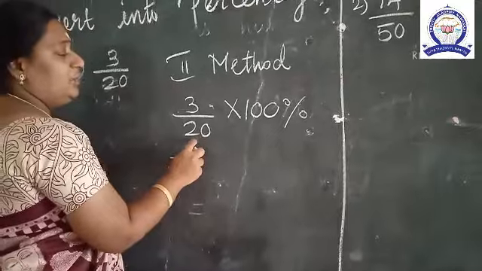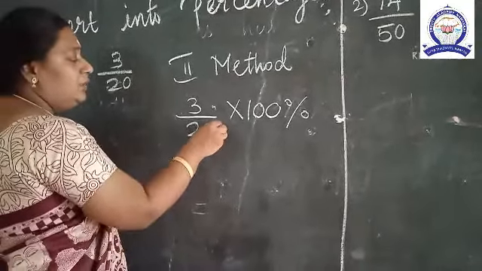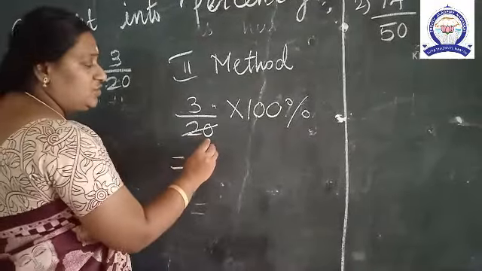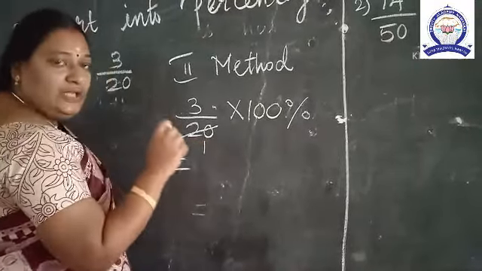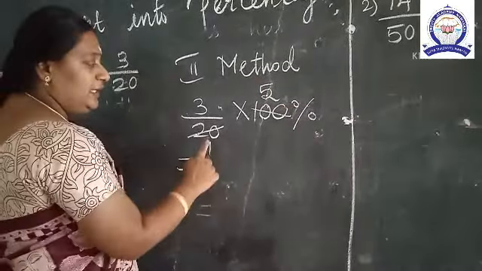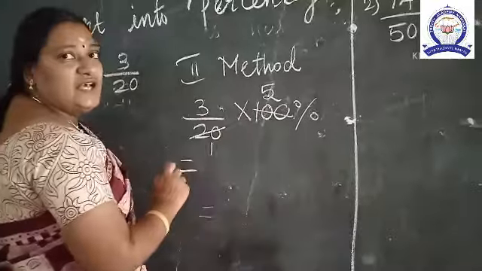Here the denominator is 20, so we use the 20 table to cut. 20 ones are 20, 20 5s are 100.